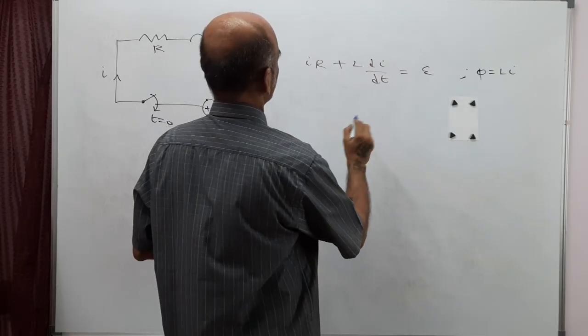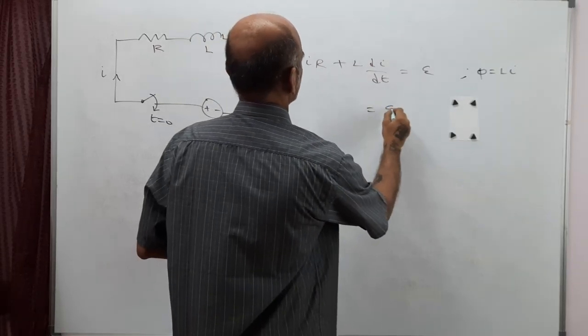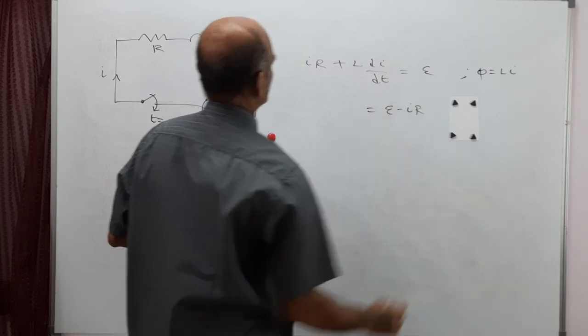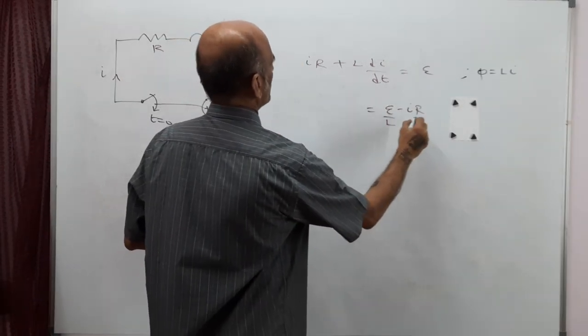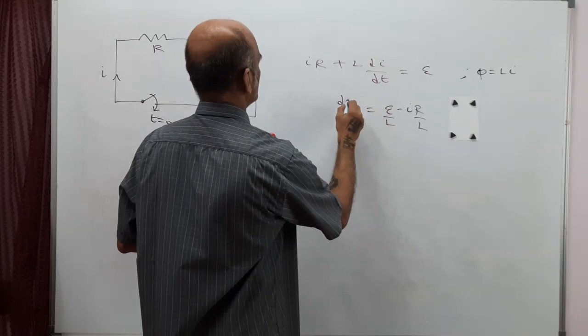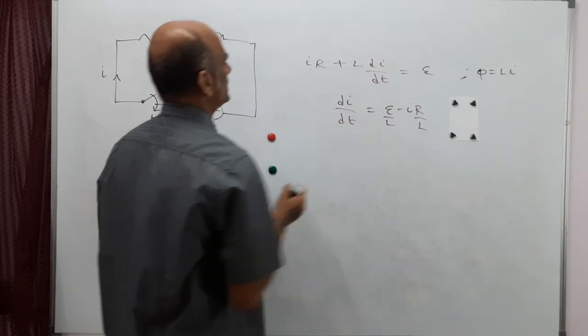So this will become E minus IR by L equal to di by dt.